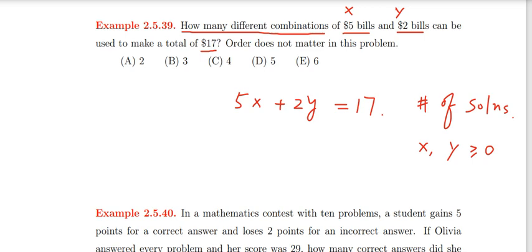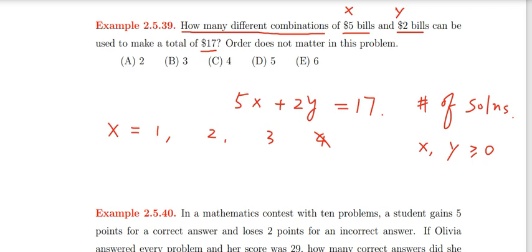No, right? If X equals 0, then 2Y equals 17, so X cannot be 0. So what is the possible value for X? We just check 1, 2, 3, 4. If X equals 4, 4 times 5 becomes 20, so cannot be 4. So X can be only 1, 2, 3.